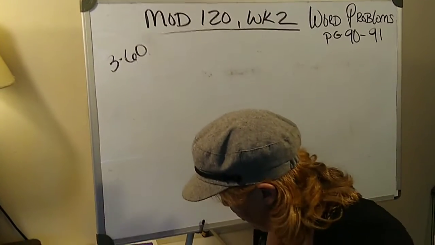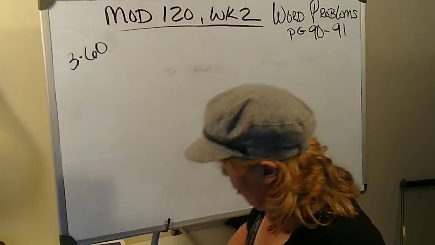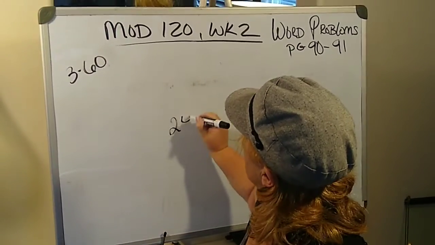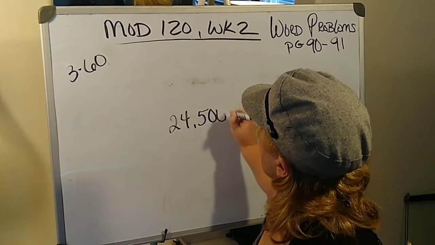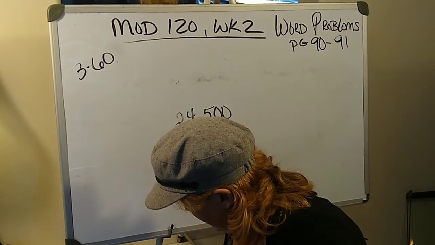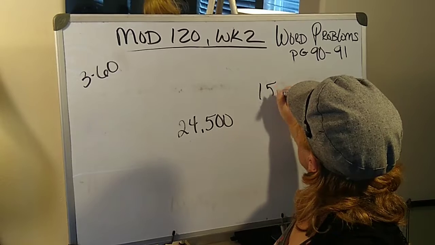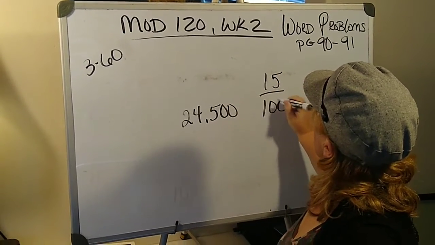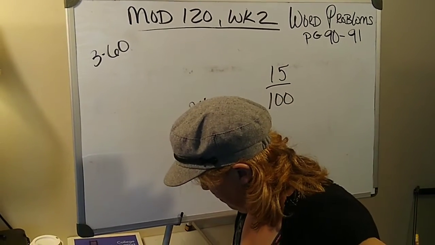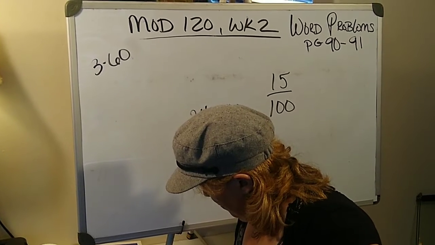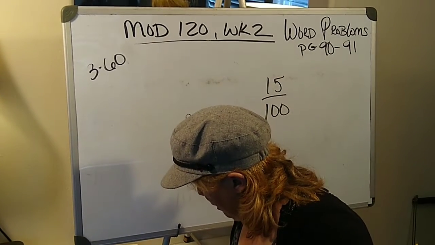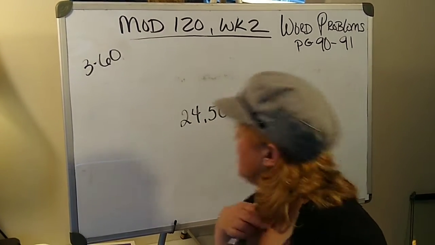Christie's auction sold a painting for $24,500. Okay. It charges a 15% premium of the final bid. How much did the bidder pay Christie's?